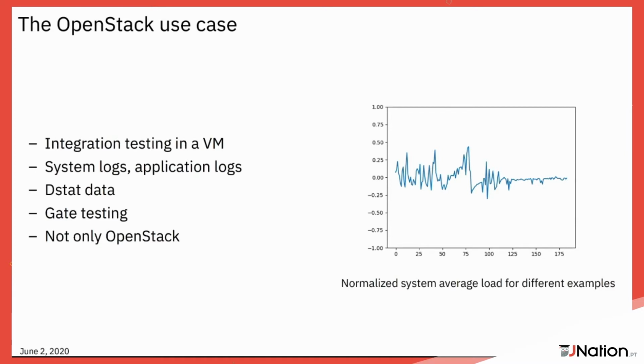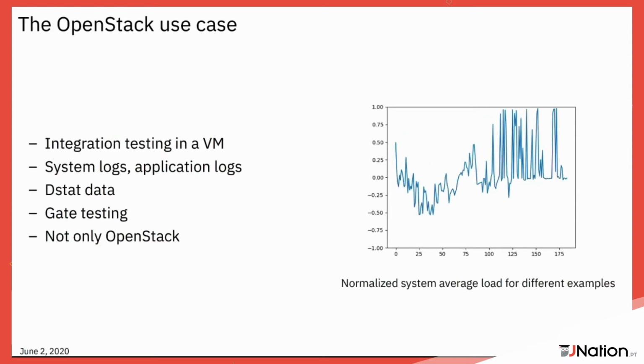All these resources generate a number of different resource utilization patterns on the virtual machine that is being tested. On the right side, the graph moving shows different examples of normalized system average load from virtual machines that were executing tests.